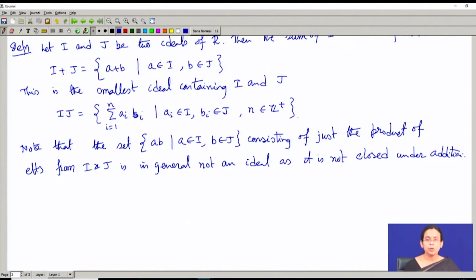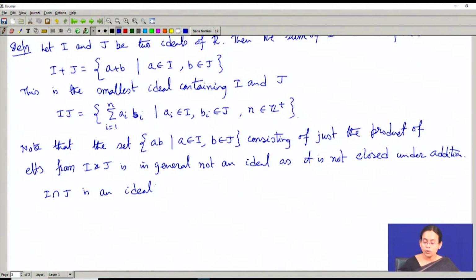Now, I have addition, I have product, then I can talk about the intersection also. So, I intersection J, if I consider, then you can check that it is also an ideal. It is in fact an ideal which is sitting inside I as well as inside J. And there is some relation between this intersection and this product.